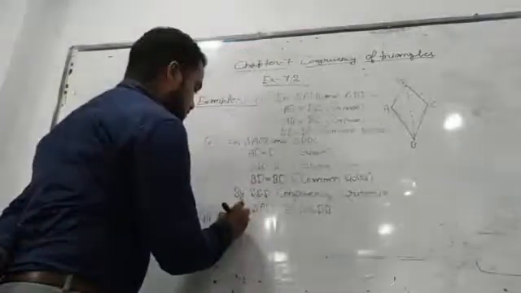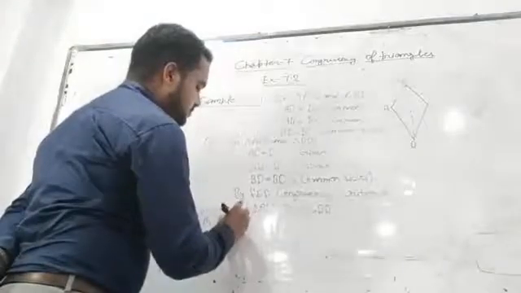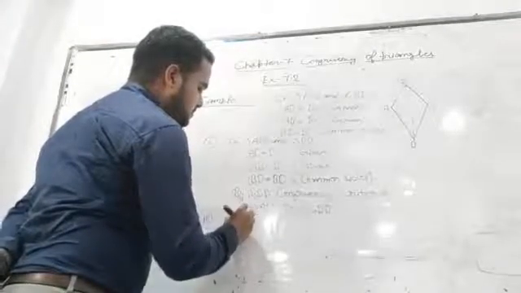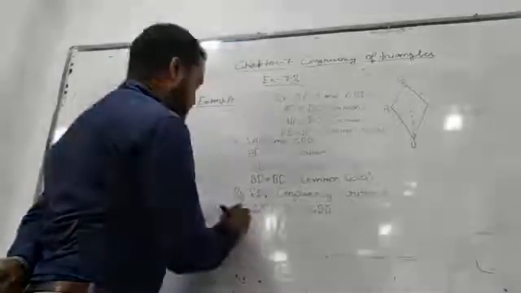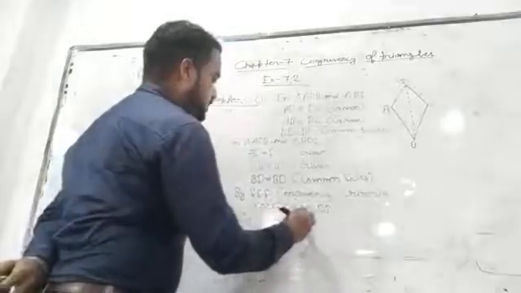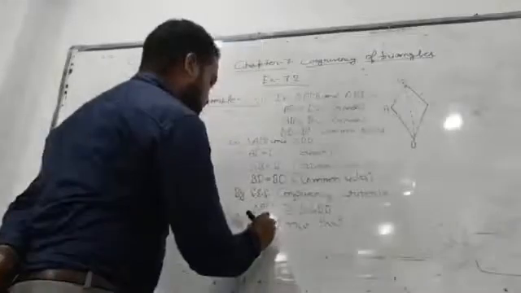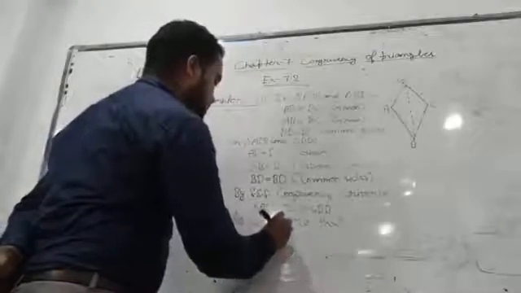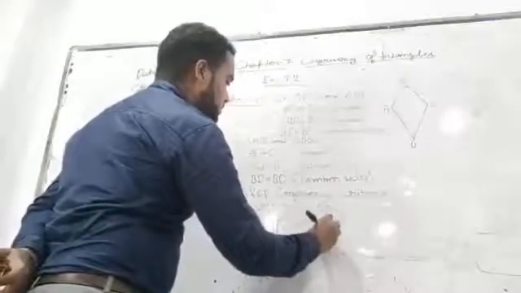Now, as we know, triangle ADB is congruent to triangle CDB.